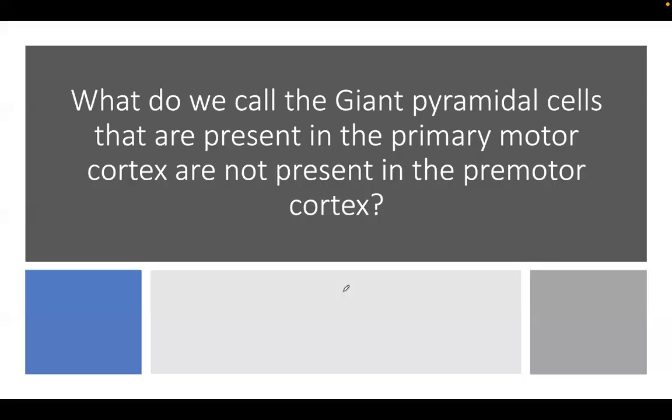Now, question, what do we call the giant pyramidal cells that are present in the primary motor cortex and are not present in the premotor cortex?